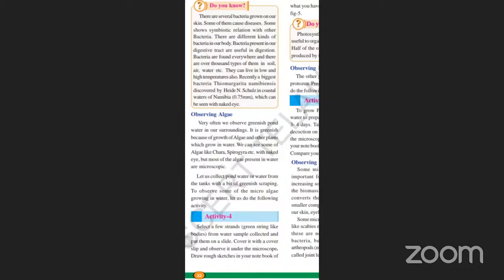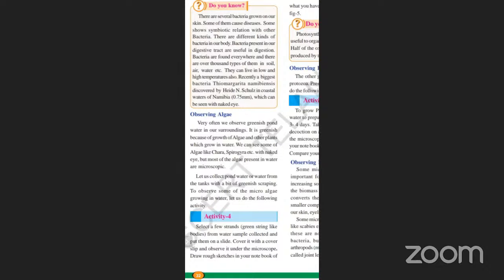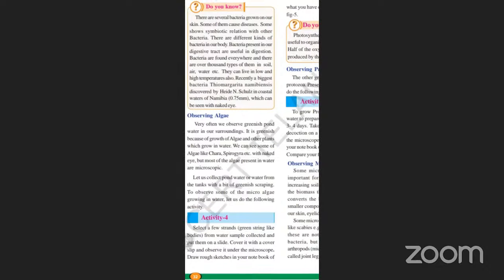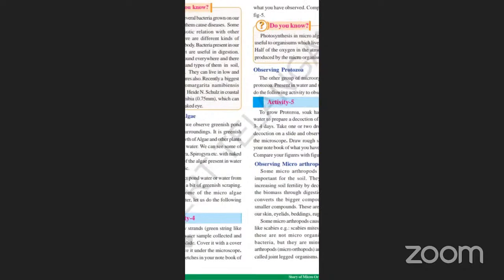Here, don't forget to draw a rough sketch diagram of what you have observed in your observation book or notebook. Compare it with figure number 5.